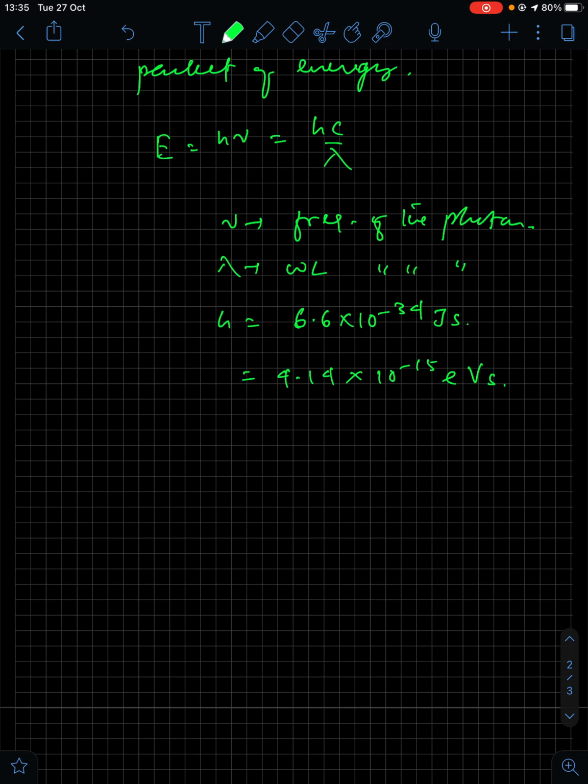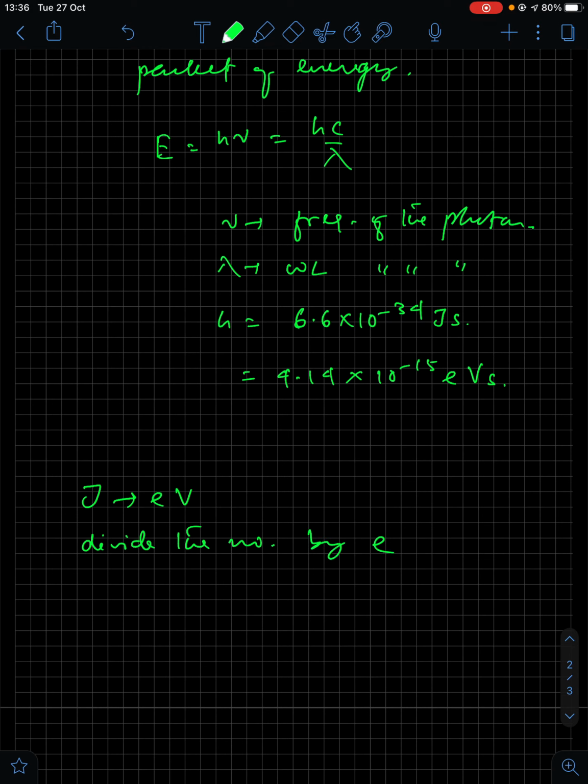Now how do you convert say joule to electron volt? Okay, you will multiply the number, sorry, I'm making a mistake. You'll divide the number, okay, that was for electron volt to joule. You'll divide the number by the value of e.